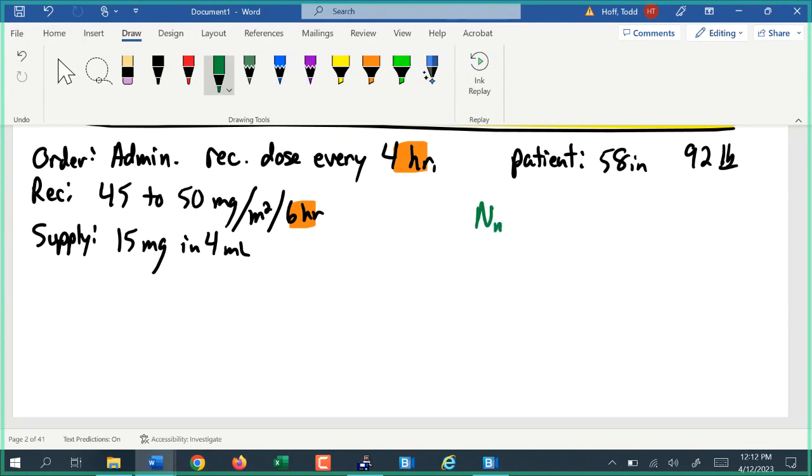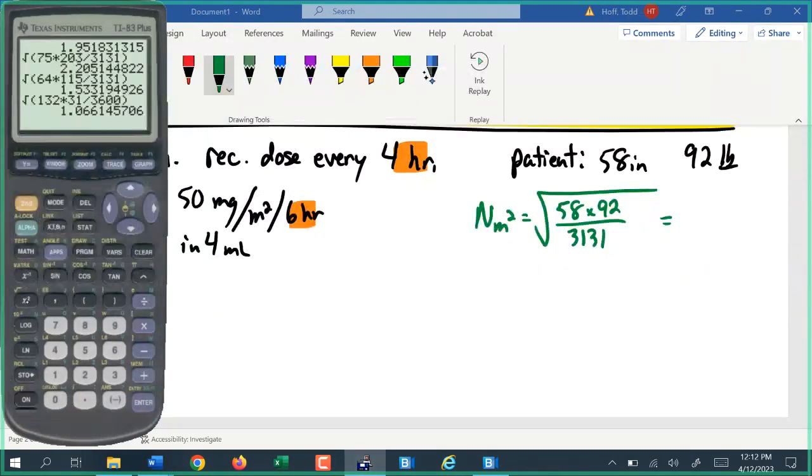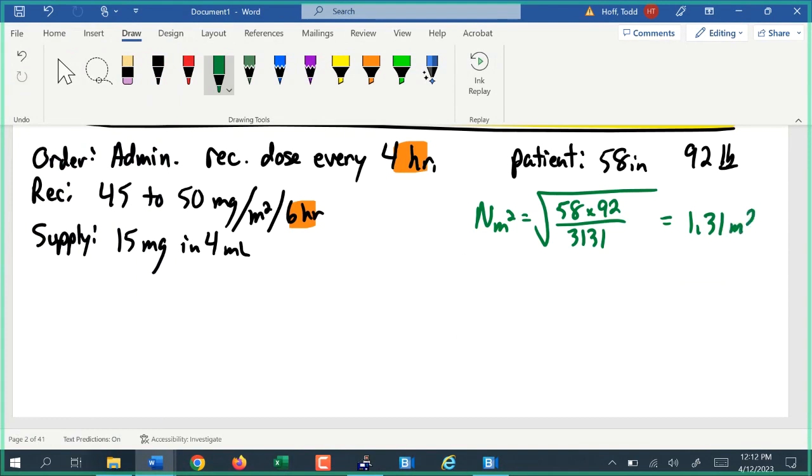So our body surface area here is the square root of 58 times 92. Those are in inches and pounds, so the constant here is 3,131. Square root of 58 times 92 divided by 3,131. Close that up. We're at 1.31 meters squared. There's our body surface area.